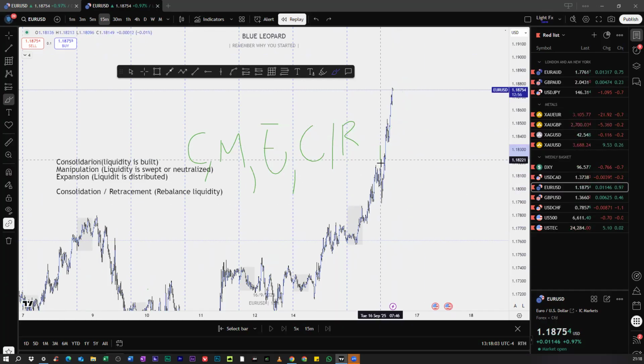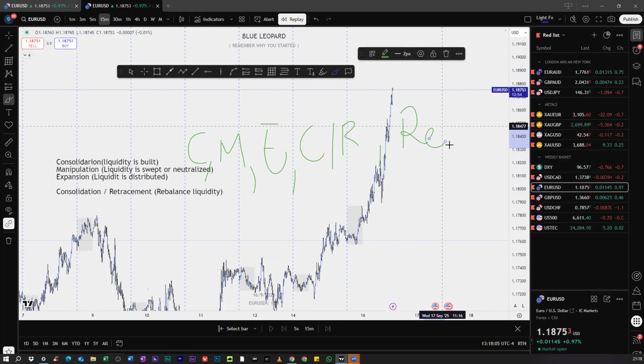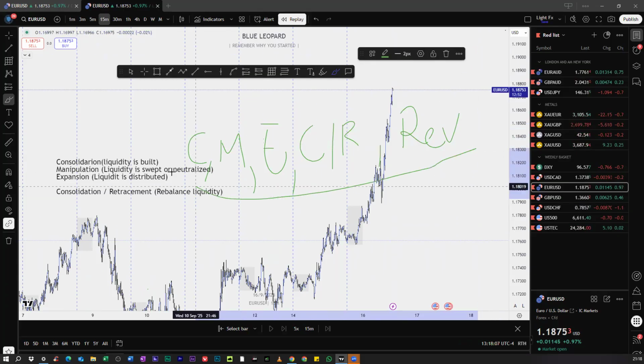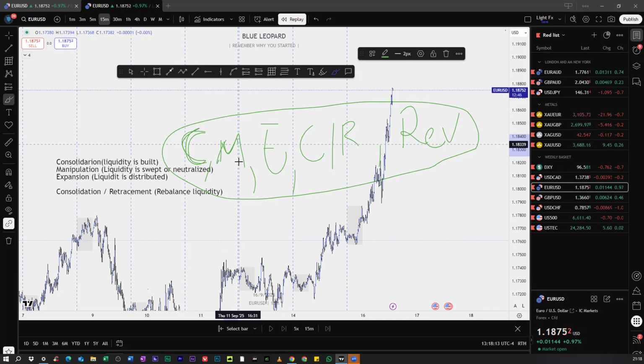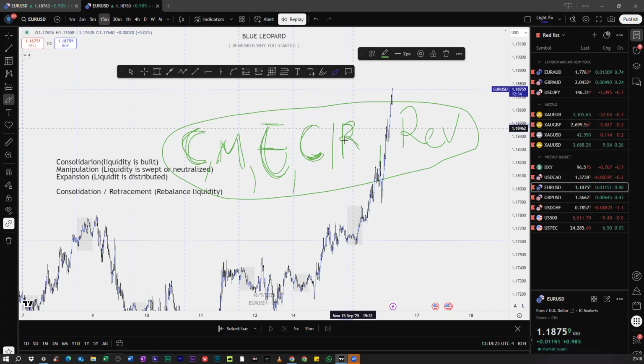That's called a reversal. Price will only do these things, okay? Either it's consolidating, or you came in a manipulation, or you found price already going in expansion, then you have to wait. Then price is consolidating after an expansion, or a retracement, and then either price is doing reversal.